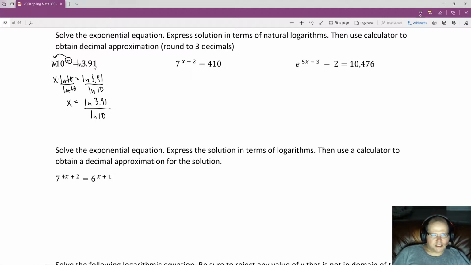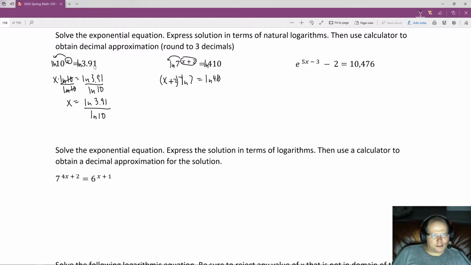The next one is 7 to the x plus 2 power is equal to 410. I'm going to take a natural log of both sides to get that x plus 2 down from up on top, pull it to the front. That gives me x plus 2 within parentheses times the natural log of 7 is equal to the natural log of 410.